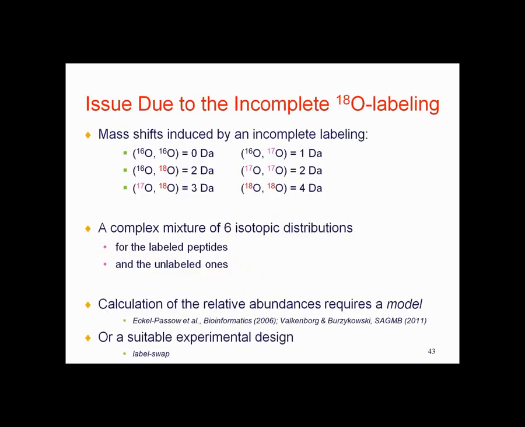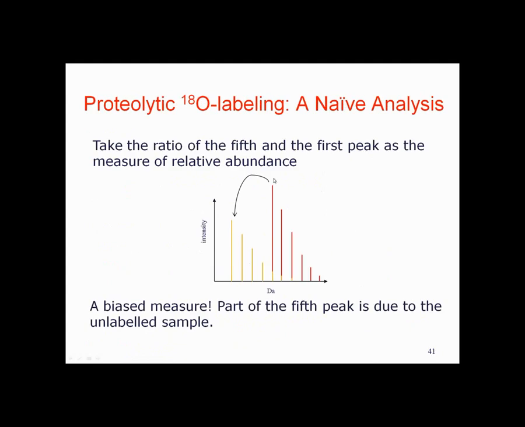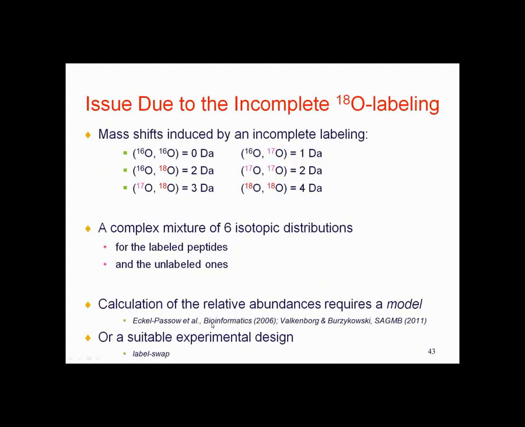What you need to do is have a model which recognizes the fact that there is an overlapping of these different distributions, which corrects the relative abundance measures that would be naively taken as the 5th peak to the 1st peak. Or you can use a suitable experimental design called label swap, which basically means that in one mass spectrum you label condition 2 with O18, but in another mass spectrum you reverse this, so condition 1 is labeled with O18.